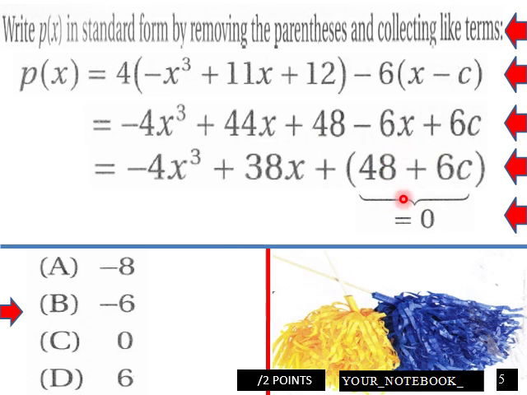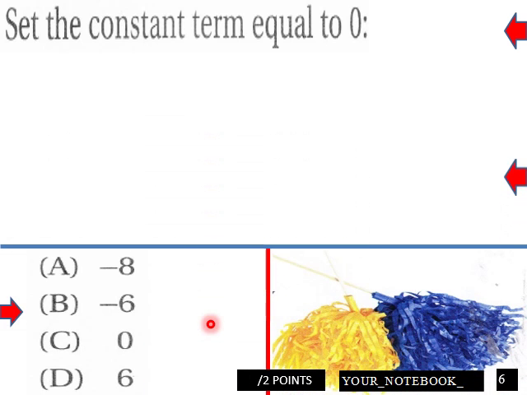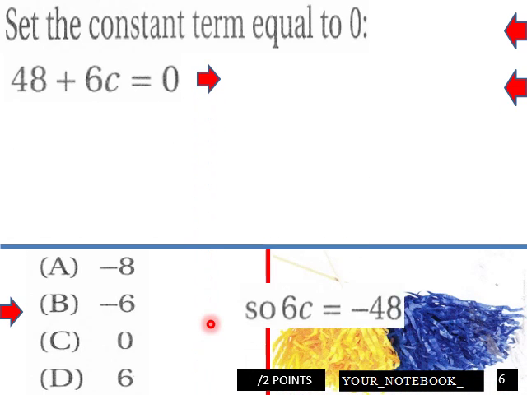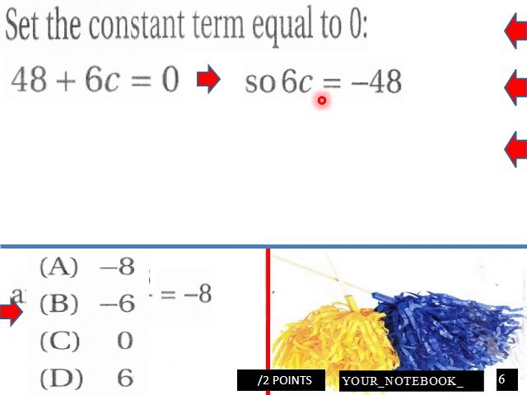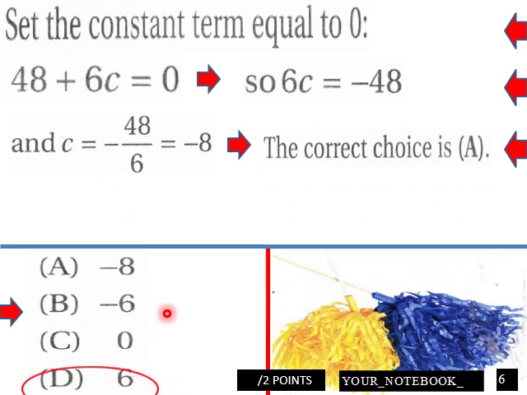So that would have to equal 0. Set the constant term equal to 0. So that 6c would have to be negative 48, so c would have to be negative 8. Looks like right here.